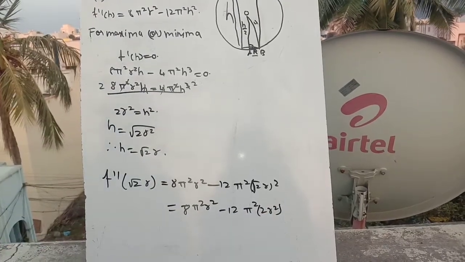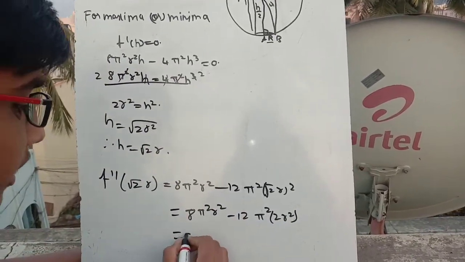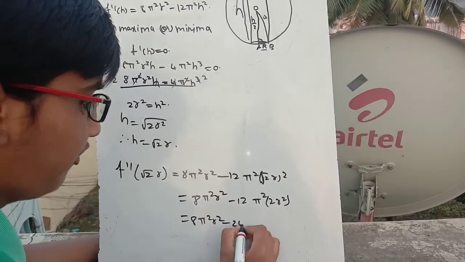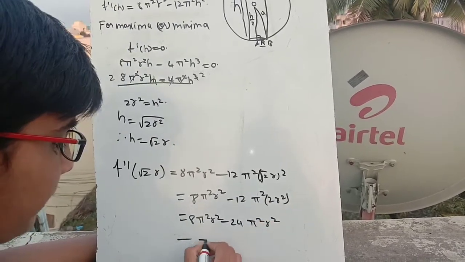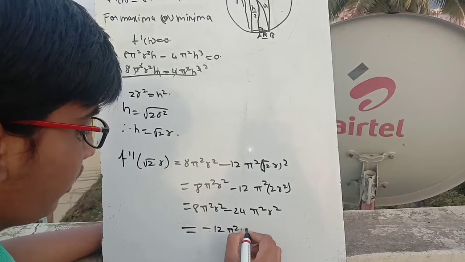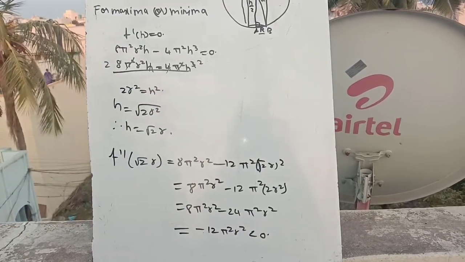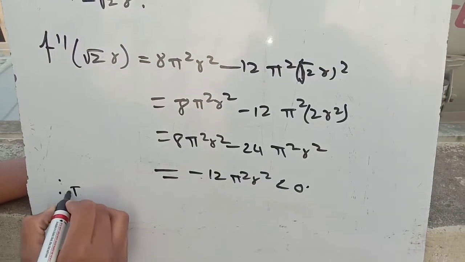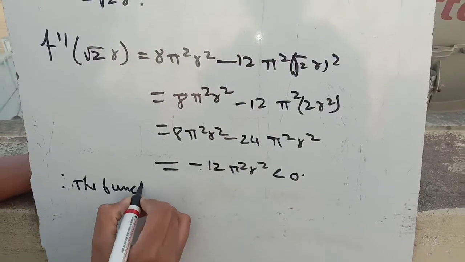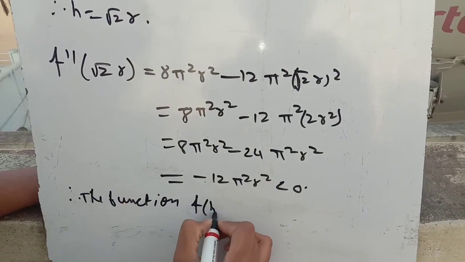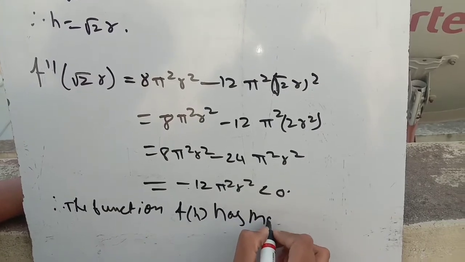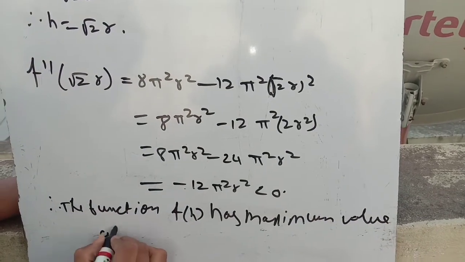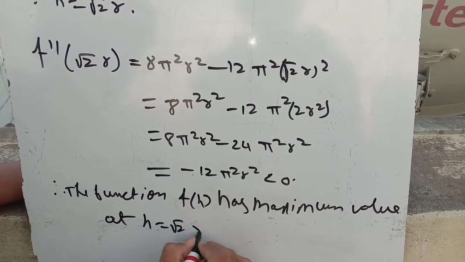That is 8 pi square r square minus 24 pi square r square, which is minus 16 pi square r square, less than 0. So f double dash of h is less than 0. Therefore the function f of h has a maximum value at h equal to root 2 r.